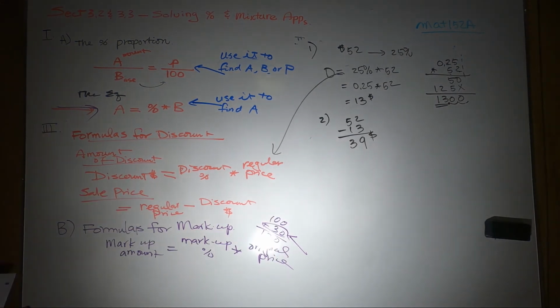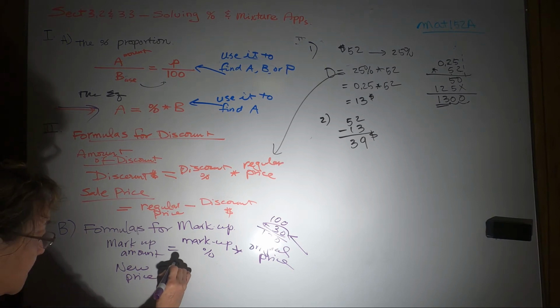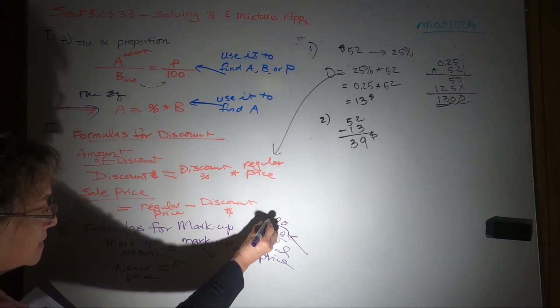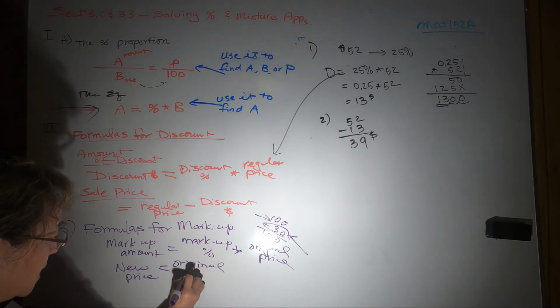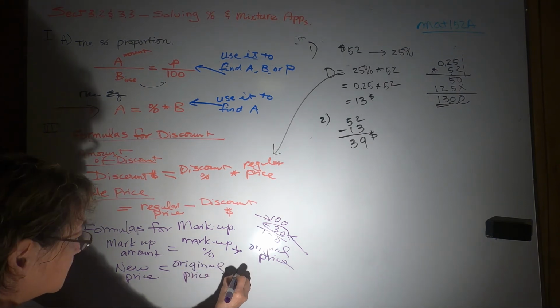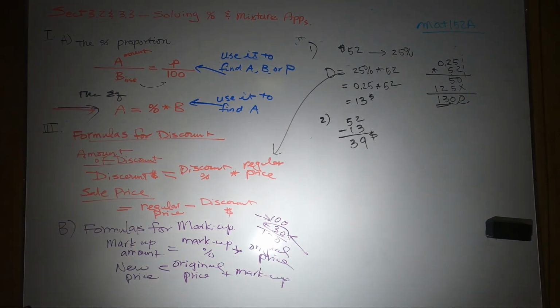Then what's your sale price? Your new price would be your original price plus your markup price. That's how you do it.